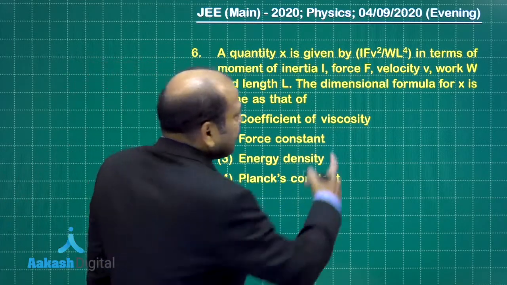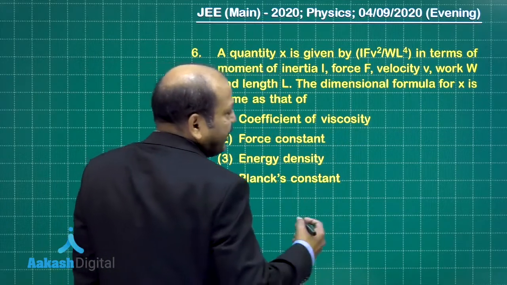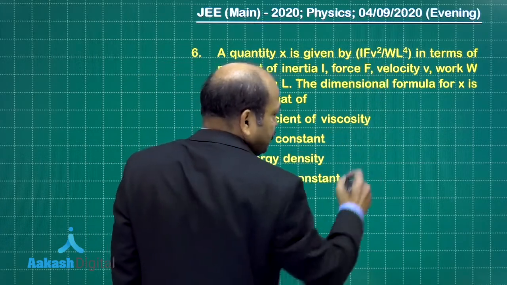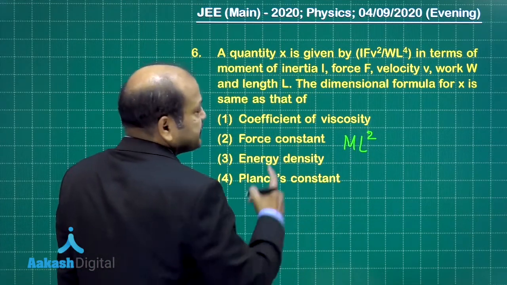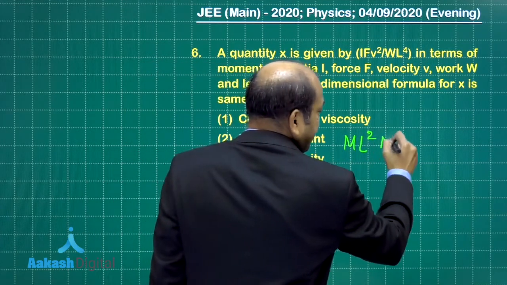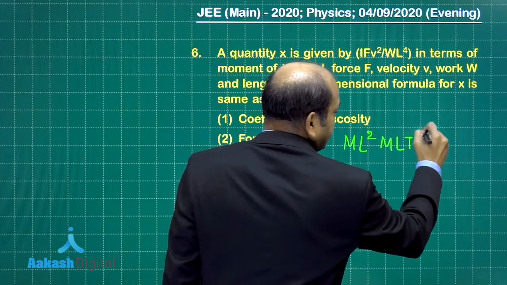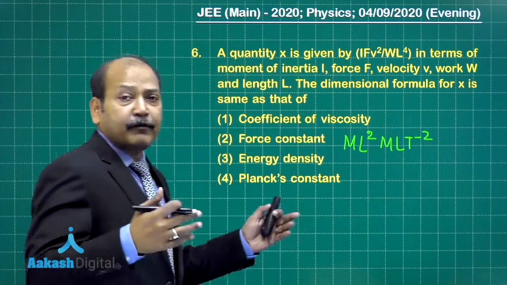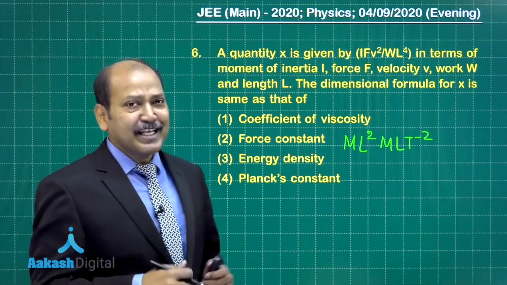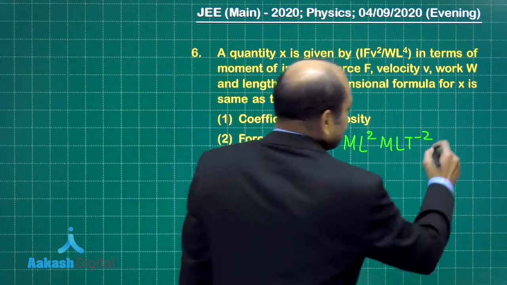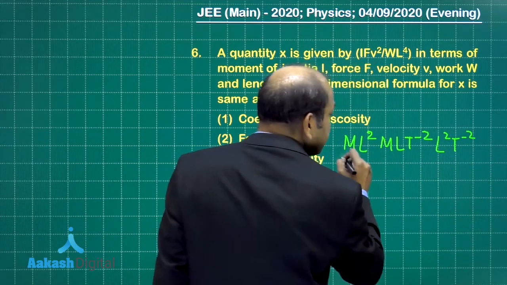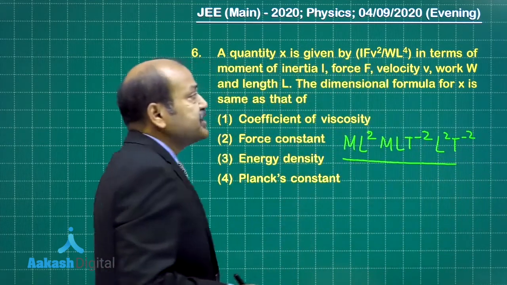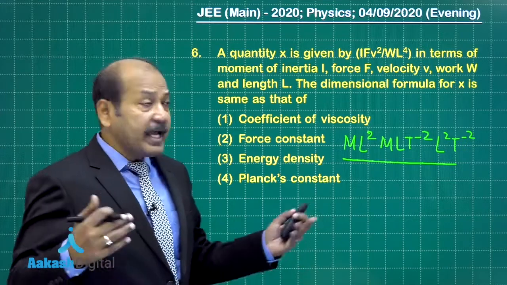So the dimensional formula for moment of inertia is M L^2. So M L^2, that's for moment of inertia. For force it is M L T^-2, and for velocity square it is L^2 T^-2. Then we need to divide it by the dimensions of W and L^4.